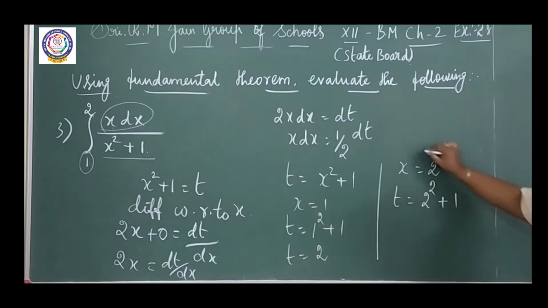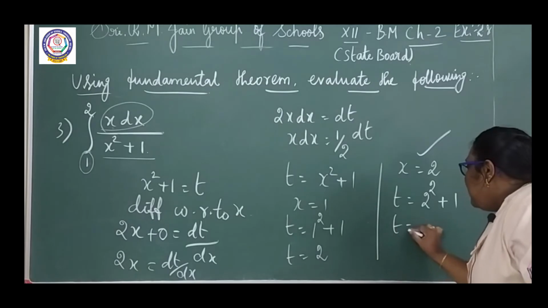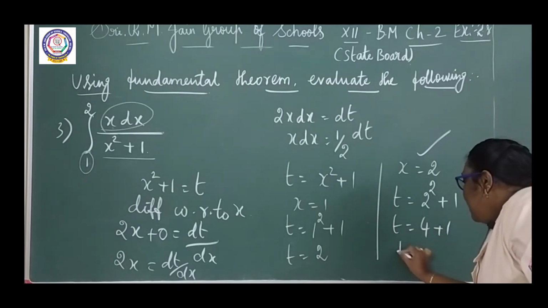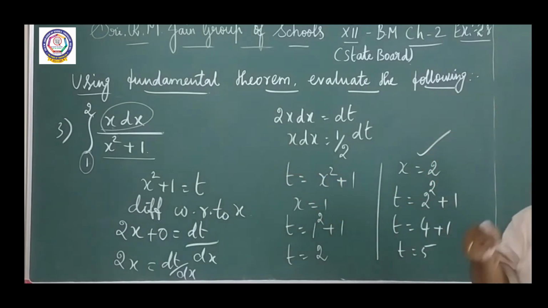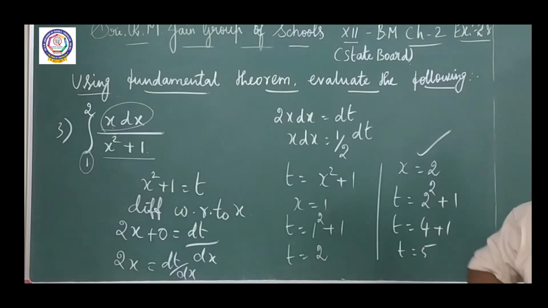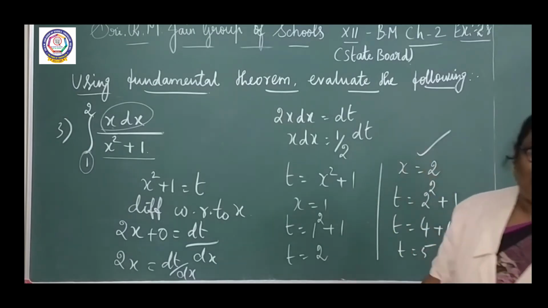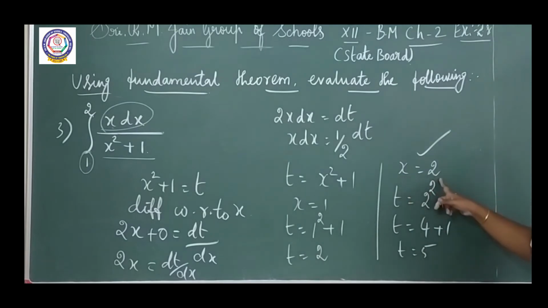You can substitute the value in place of x. So t equal to 4 plus 1, t equal to 5. If x equal to 1, the lower limit, we got t equal to 2. We have changed the limit, changed the variable x into t. The same way x equal to 2, you got t equal to 5.